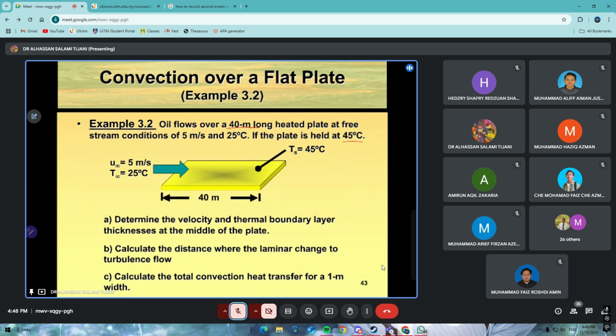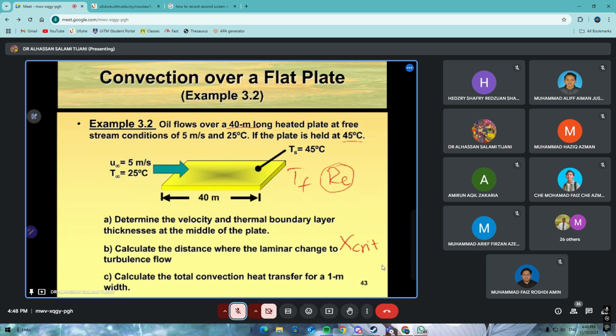So first thing over here, we need to find Tf. After we have been able to find Tf, then we need to find the Reynolds number. The Reynolds number will help us to identify the flow situation, whether it is laminar flow or turbulent flow. And then we have to calculate the distance where the laminar changes to turbulent flow, so we need to find x critical.